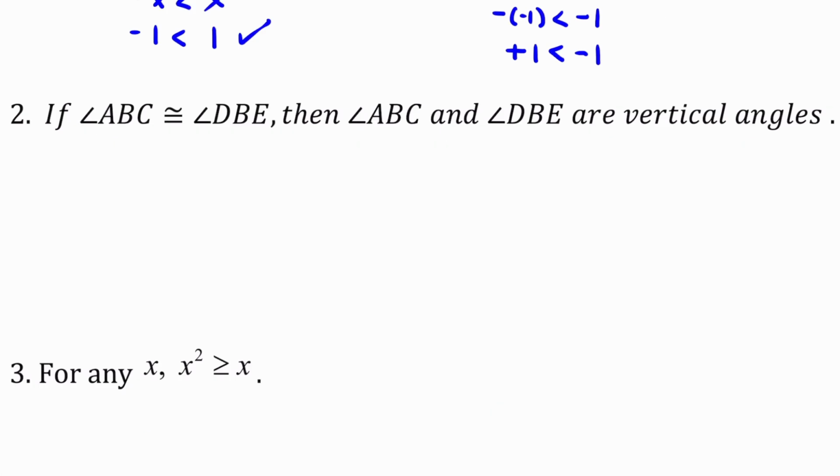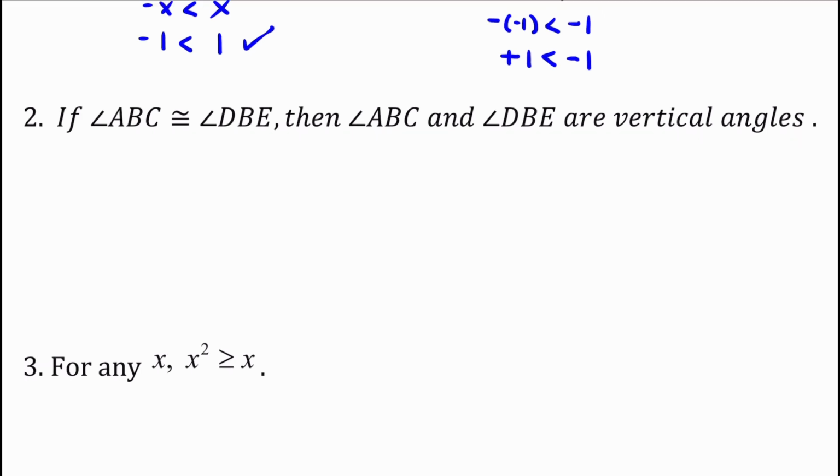If angle ABC is congruent to angle DBE, then angle ABC and angle DBE are vertical angles. So if angle ABC is congruent to angle DBE, does it strictly mean that those two angles are congruent by vertical angles only? Let me show you the true side of this statement.